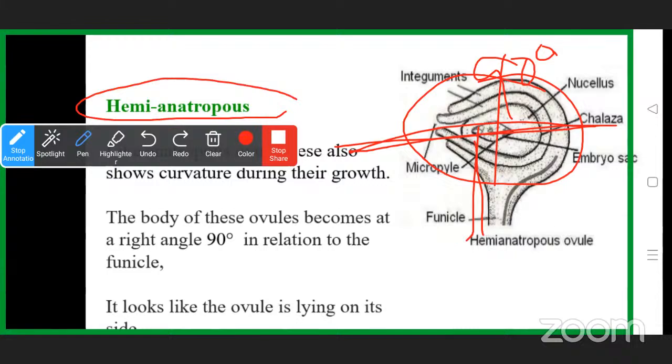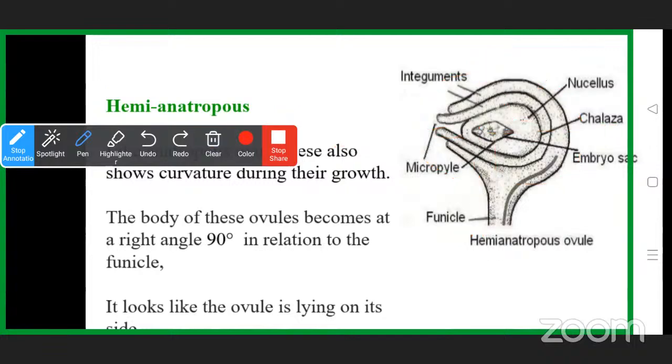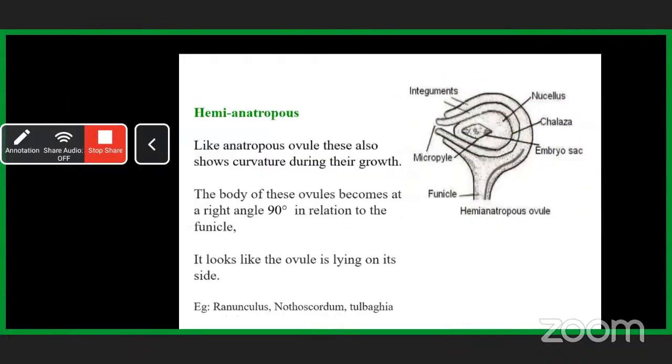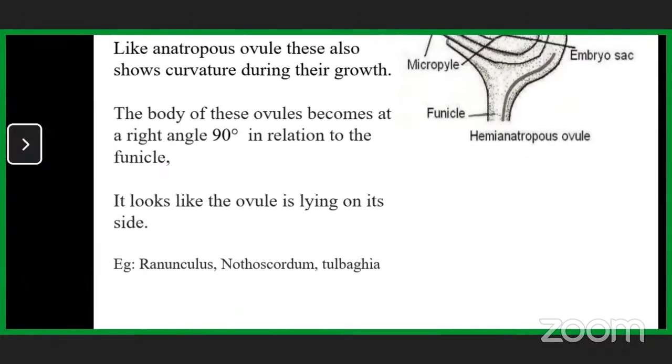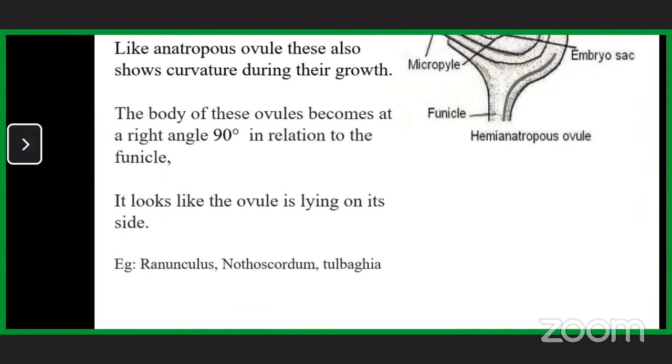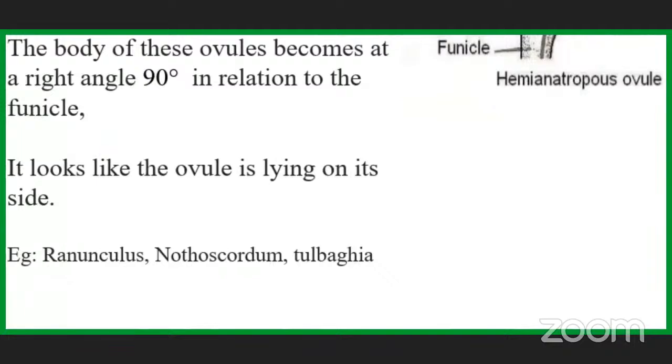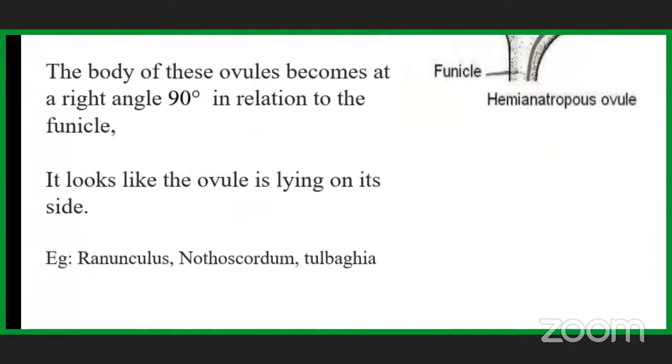Here you can see the funicle and micropyle are just farther apart than in the anatropous ovule. These are there in Ranunculus, Nothoscordum, and Thalbergia.